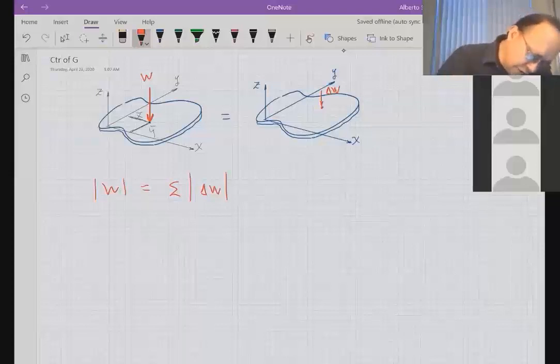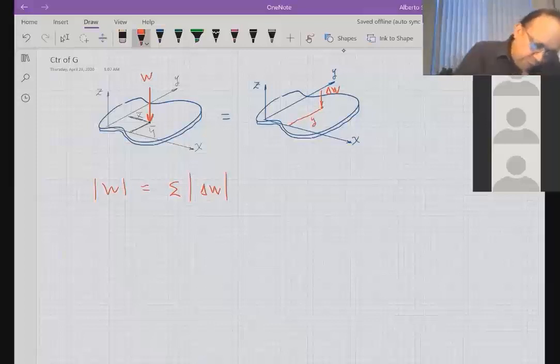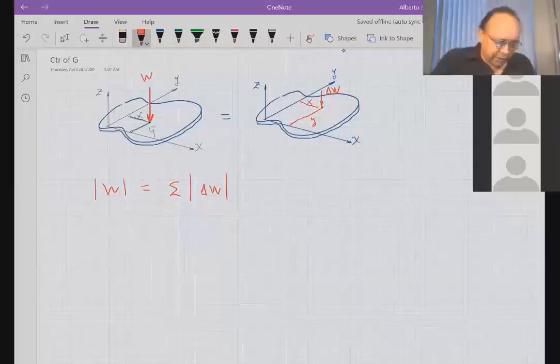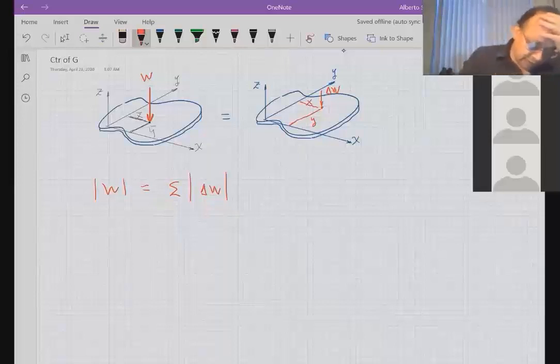This will be Y, and this will be X. So the location of delta W is given by X and Y. In one sense, I need the total weight to be equal to the summation of all the little weights.